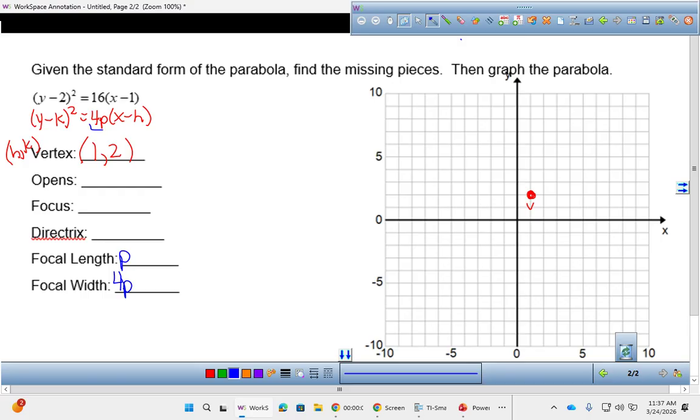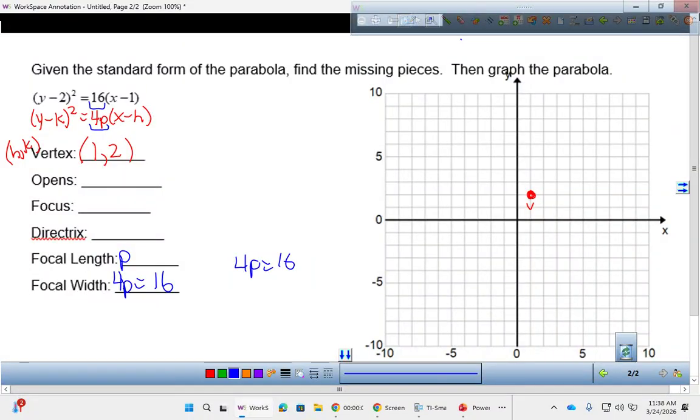So you can see there's a 4p right here, and 16 is in that spot, which makes the focal width 16. That means this parabola is going to be 16 units wide. And then p, I can solve for that. I can take this equation, 4p equals 16, and isolate the p by dividing by 4. So p must be 4.